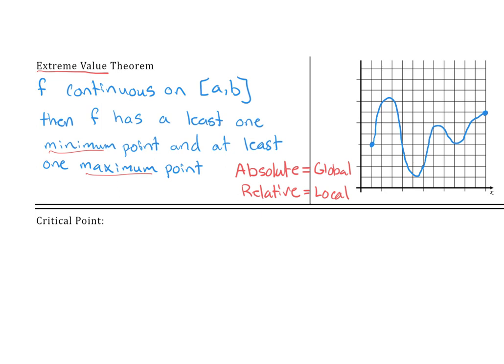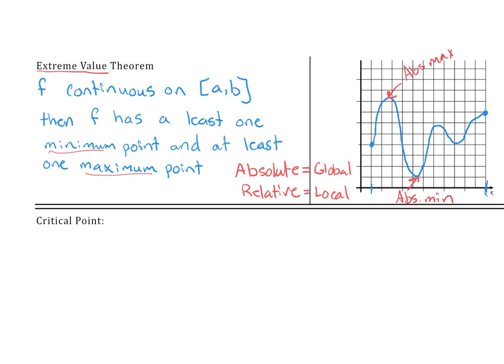Okay, so on this interval, so we've got these endpoints from A to B, we're going to have the very top point, that's your absolute max. And the very bottom point is your absolute min.